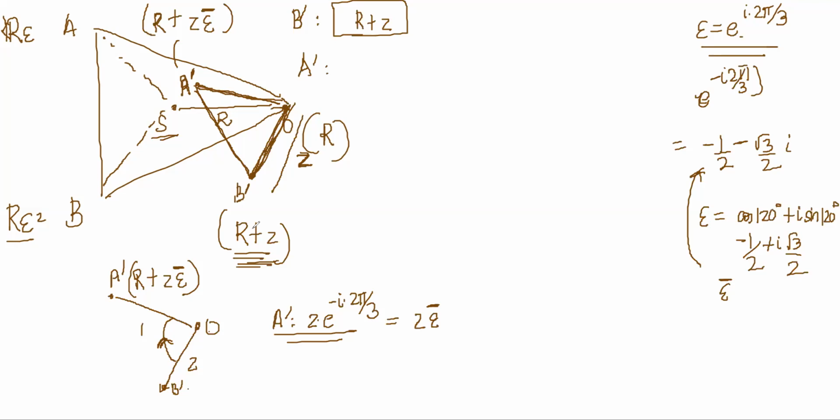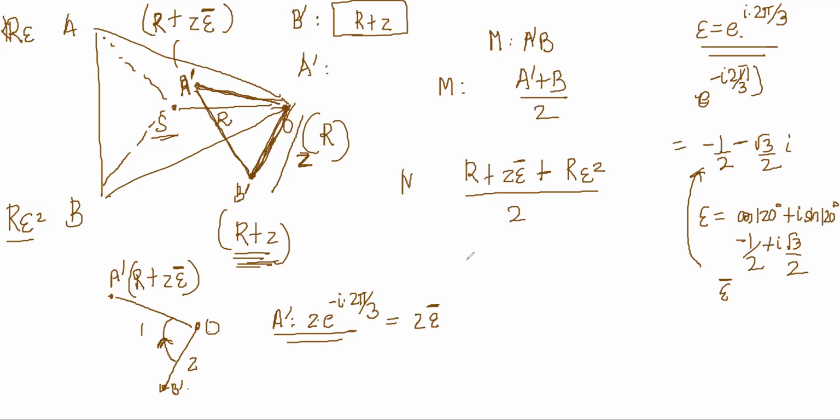M was the midpoint of A dash B. So it is just A dash plus B by 2, right? So what is it then? M coordinate comes out to be R plus Z epsilon conjugate plus B, and B was R epsilon square, by 2.